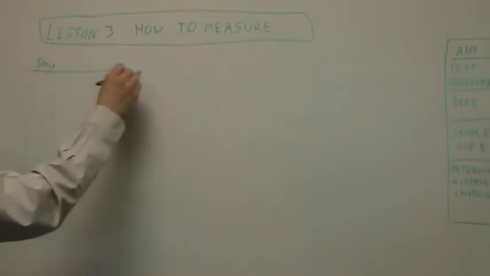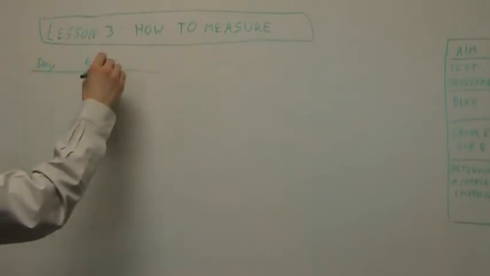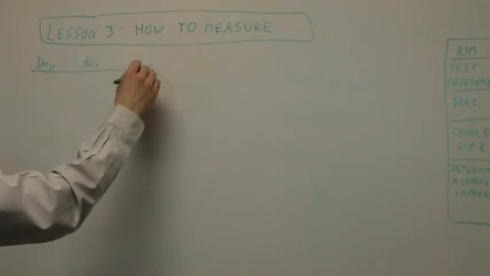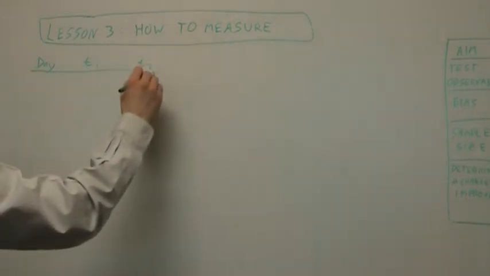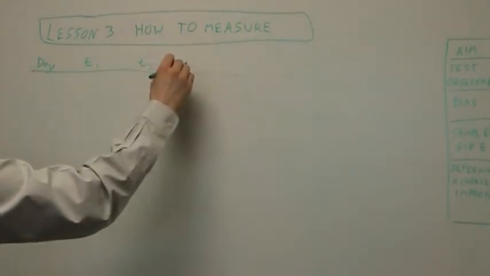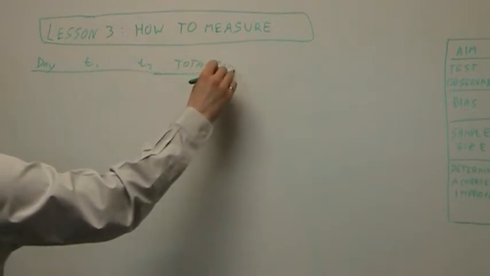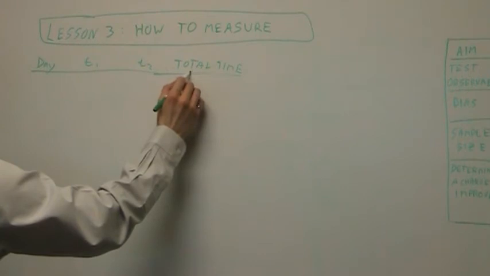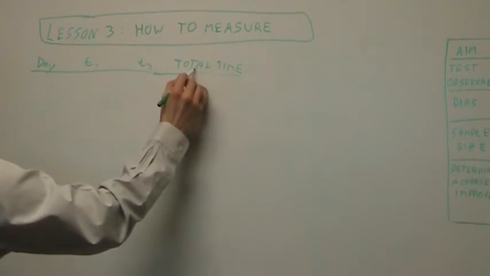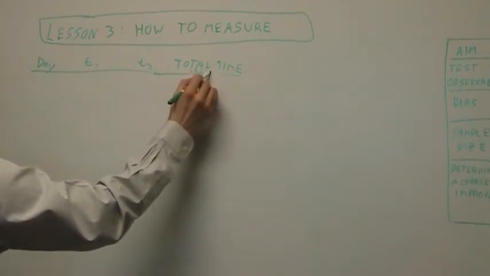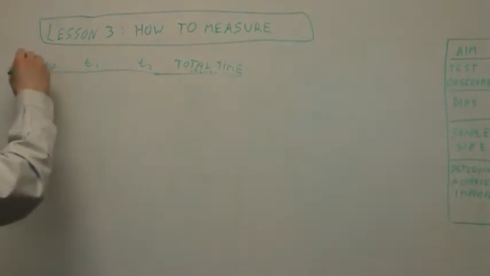So they set up a measurement tool that looks something like this. We'll have the day of week, the start time, the end time, and the total time, which is equal to T2 minus T1.